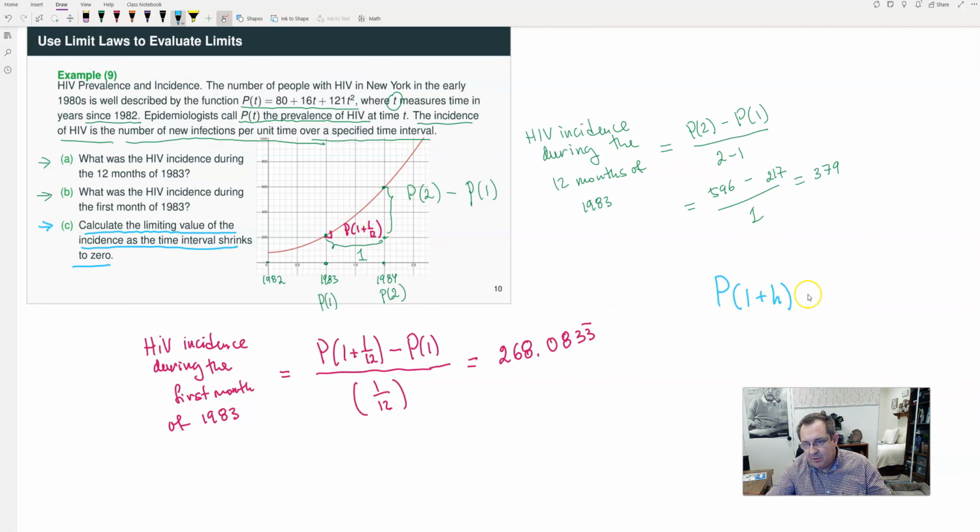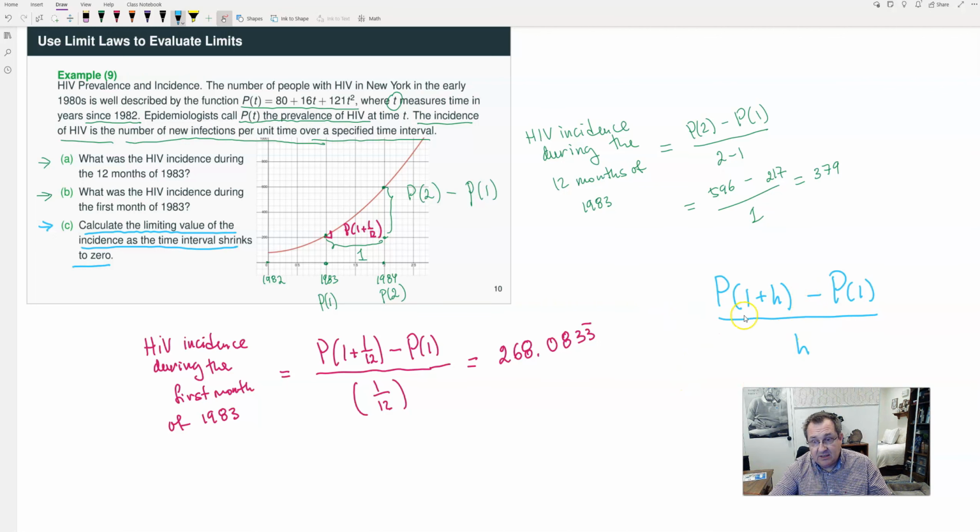So we will have P of 1 plus h. That's the value a short period of time after the beginning of 1983. And we will compute the value at the beginning of 1983, and we will divide by the time lapse, which is h.